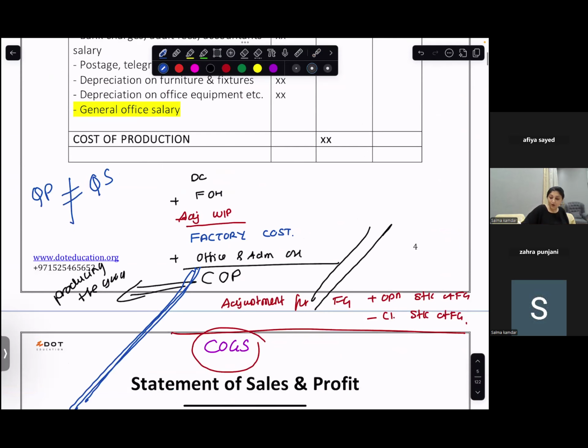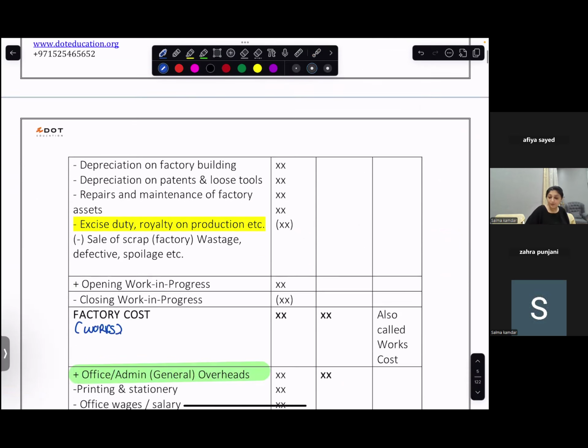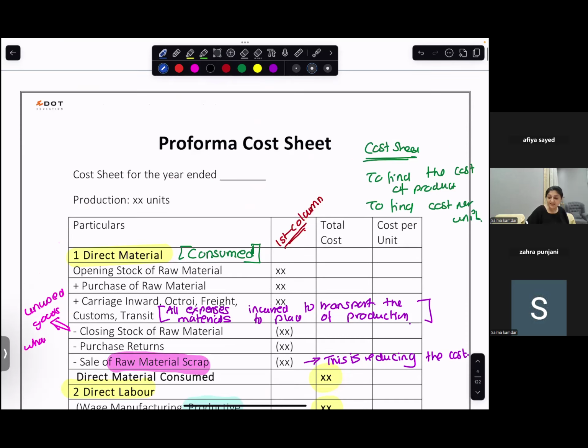That means up till cost of production, the statement that you are making, you are going to make two columns. One is the total cost and one is cost per unit. You see, the cost sheet is labeled for production units.